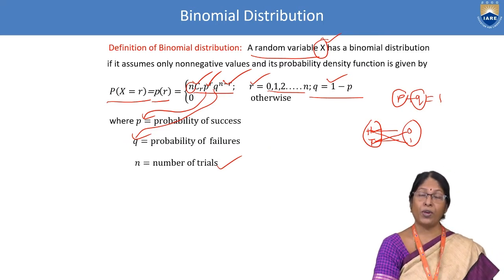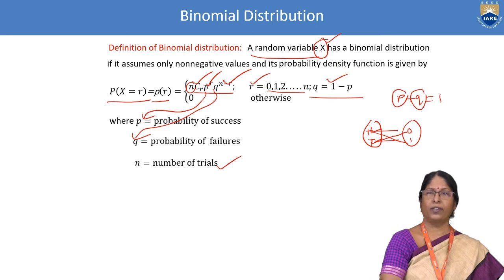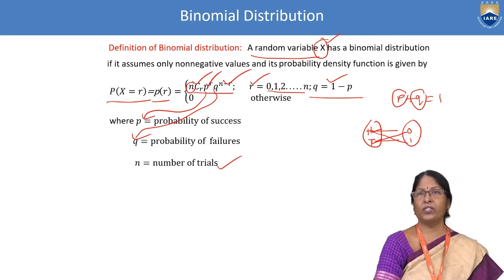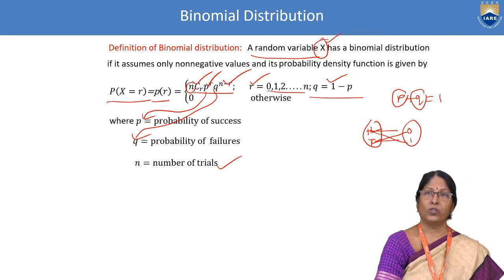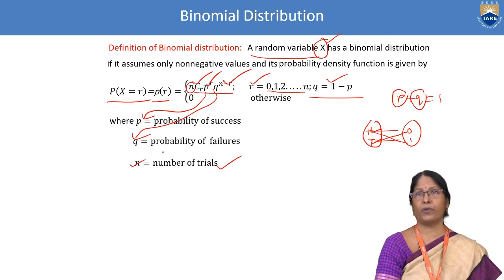Suppose we have a coin, how many times are we going to toss? If we have a die, how many times are we going to throw? Or if a manufacturer is producing a product, the total number of products produced. The total number of tosses, throws, or items all come under this n.